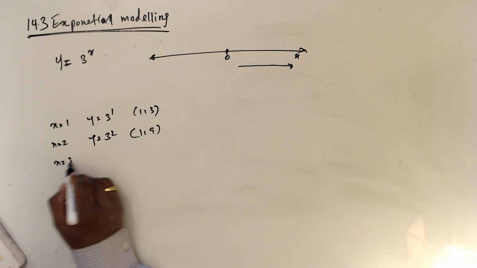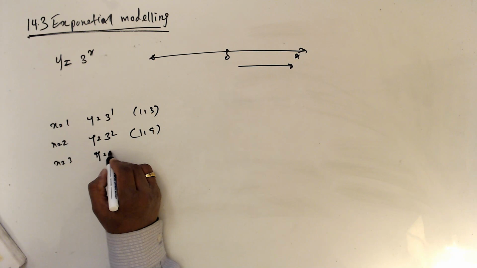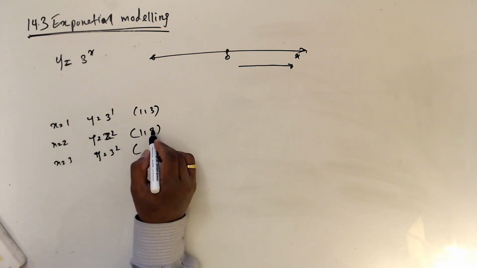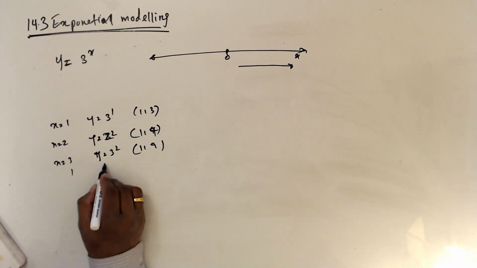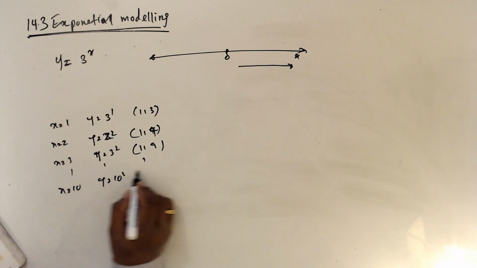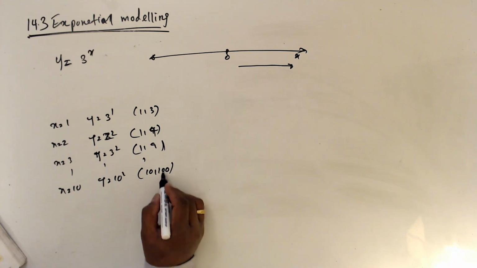When x equals 3, y equals 27, and so on. When x equals 10, y equals 3 to the power 10. Very fast. See the speed at which the y value is increasing.